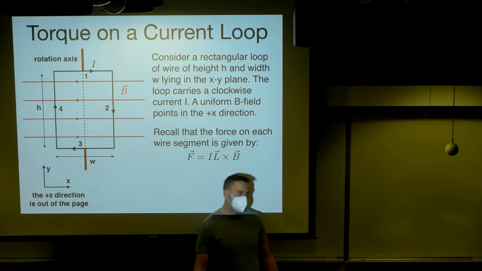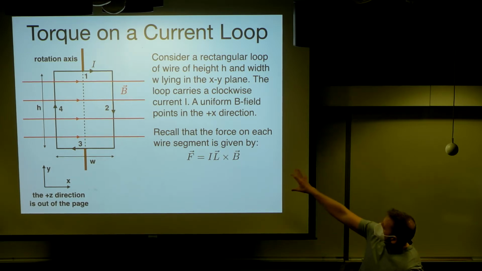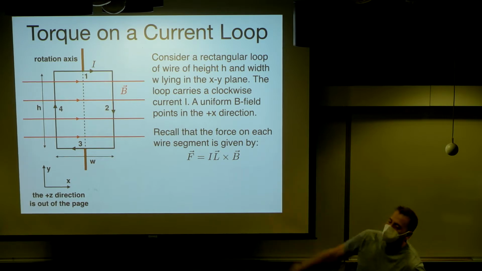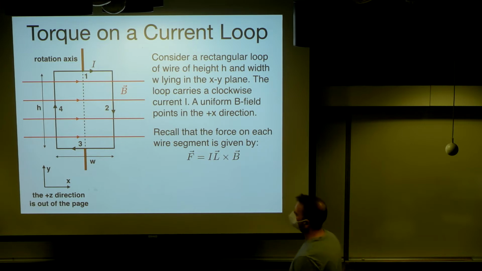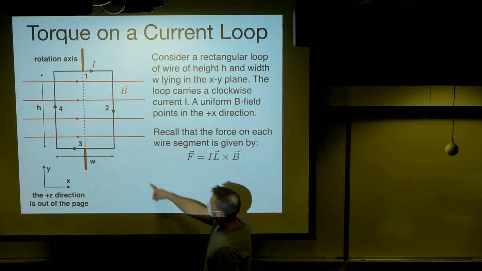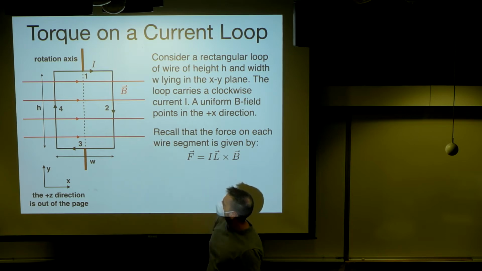In this case, we'll imagine it's clockwise. Okay? So we're also going to imagine that on top of this, we have a magnetic field. So in other words, this loop, which has this current going through it, is inside of a magnetic field, which we will show as going to the right or the positive x direction.